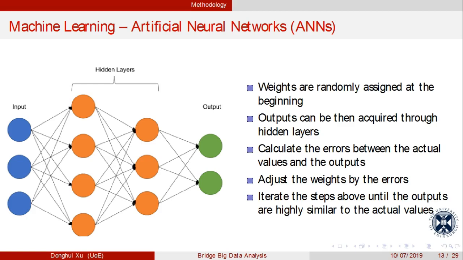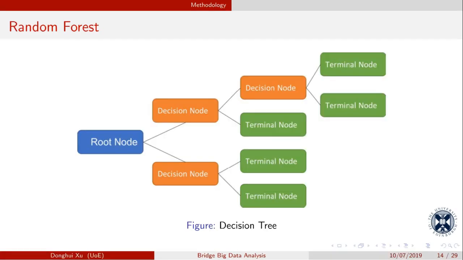Next, I'm moving on to machine learning, and I think many of the presenters have mentioned artificial neural networks. I'm not going into details here. Basically, it can have 3 layers: input, hidden layers, and output layers. The next machine learning method I use is called random forest.